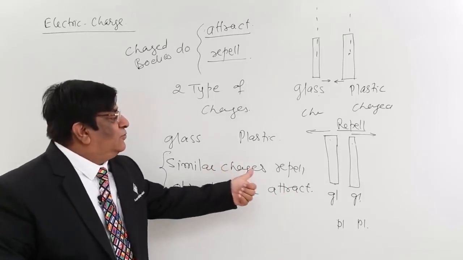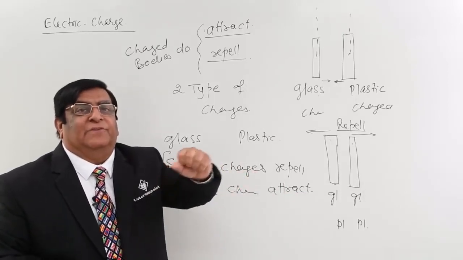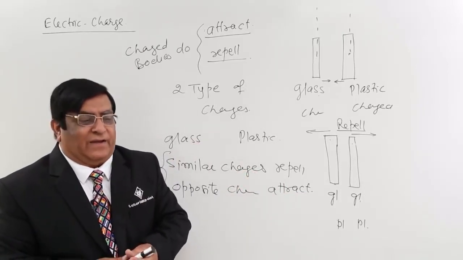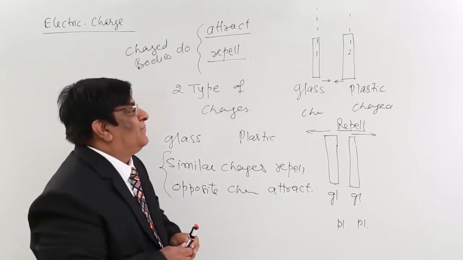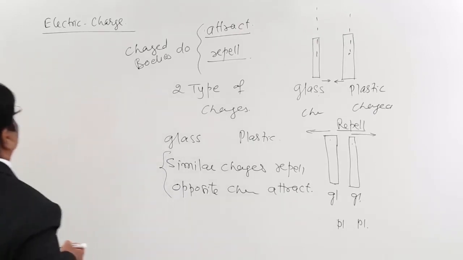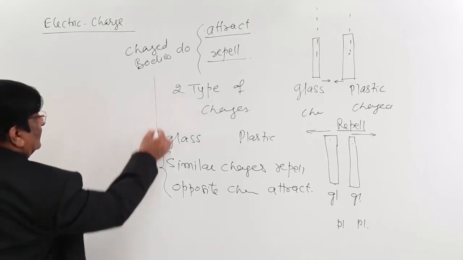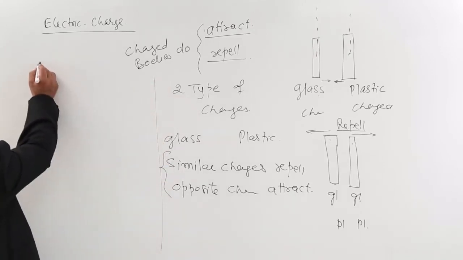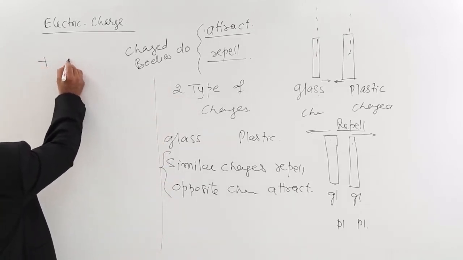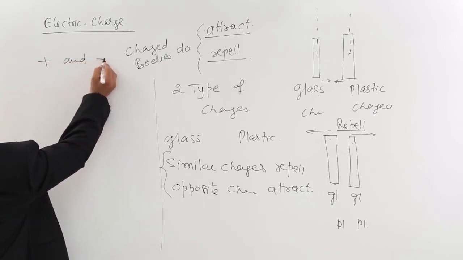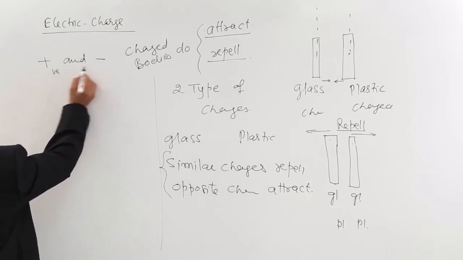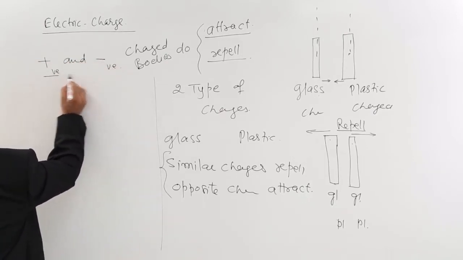Now, if there are two types of charges, we have to give them names. This name was suggested by Benjamin Franklin, and he said we will name these two charges plus and minus, that is, positive charge and negative charge.